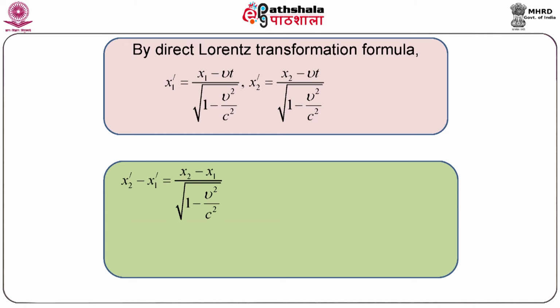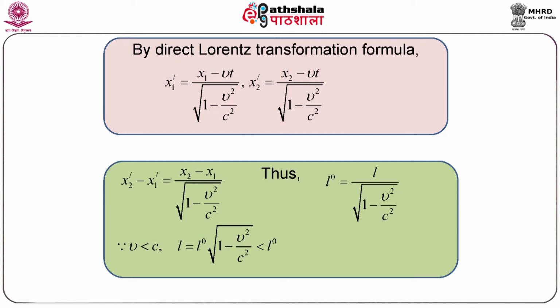If we denote x2 minus x1 as small l, then we get L superscript 0 equal to small l divided by square root of 1 minus v square divided by c square. Consider the case v less than c. What happens? Let us discuss.